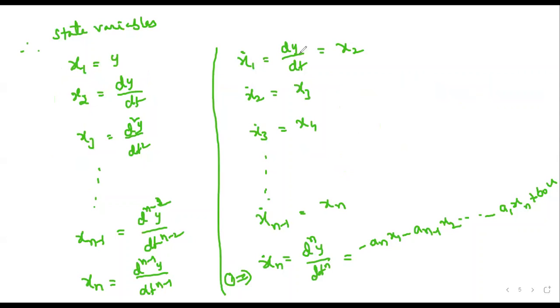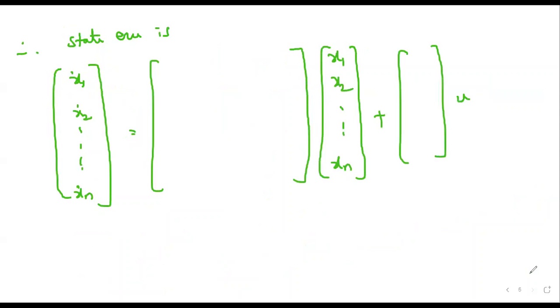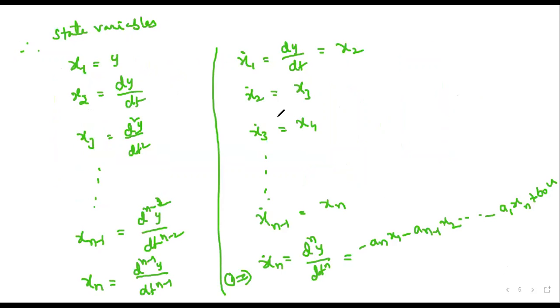What is x1 dot? It is x2. Means x1 coefficient 0, x2 coefficient 1, x3 coefficient 0, and so on. Correct? All are zeros. Next, x2 dot equation. It is x3.